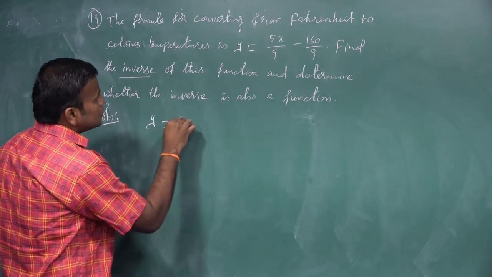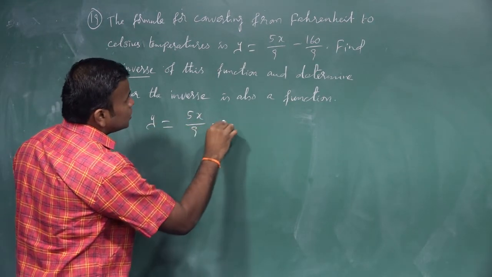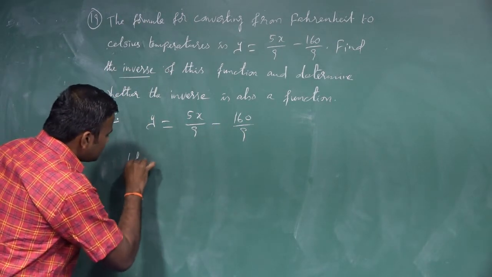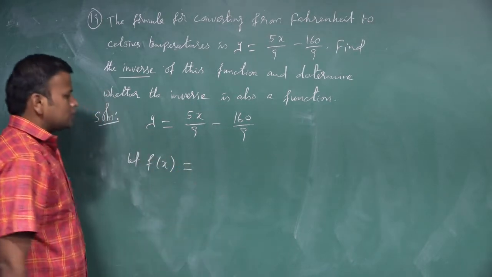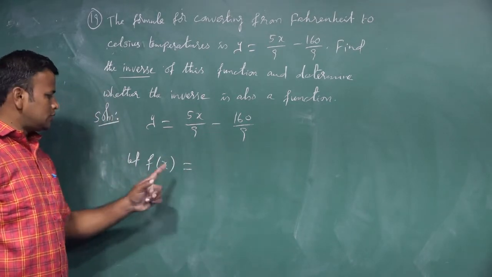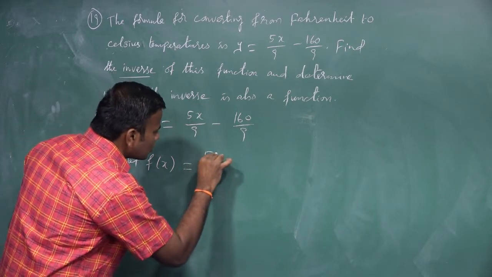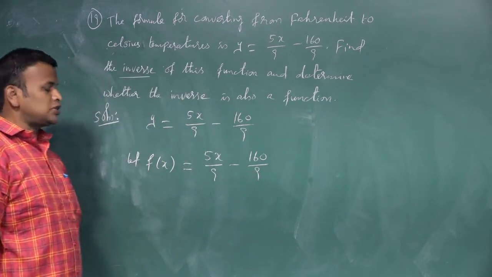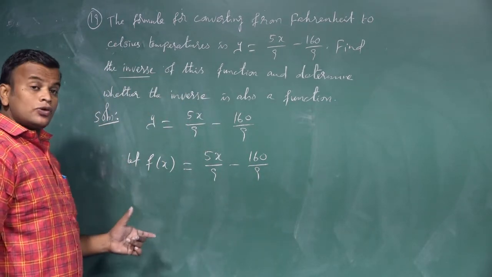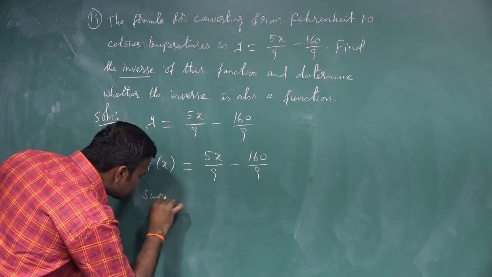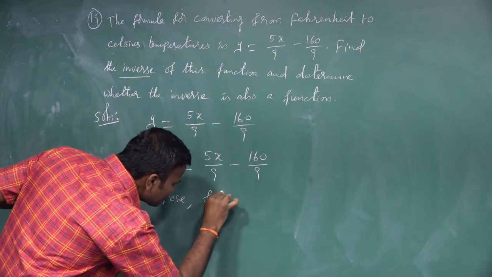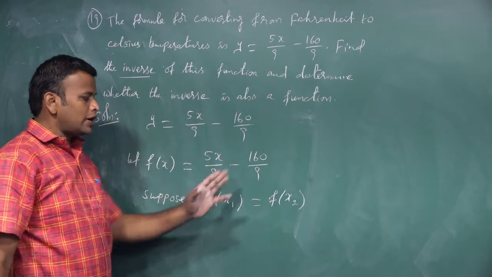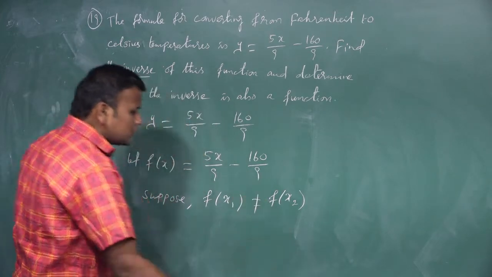Given the value of y is 5x by 9 minus 160 by 9. I write it as a function of x. Y is a function of x. So I say it is f of x, 5x by 9 minus 160 by 9. Suppose we take two variables, f of x1 and f of x2 are not equal.